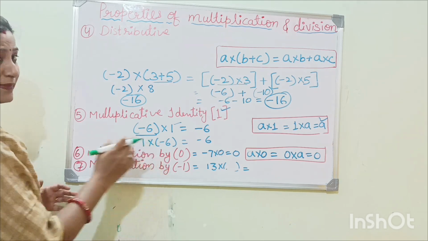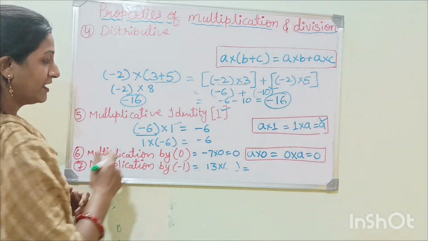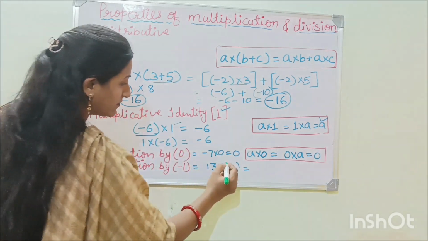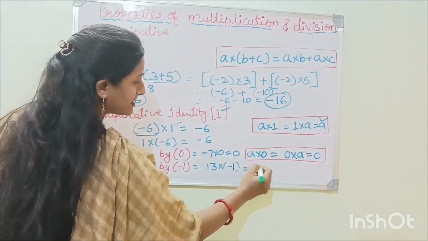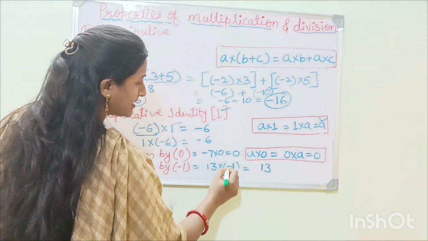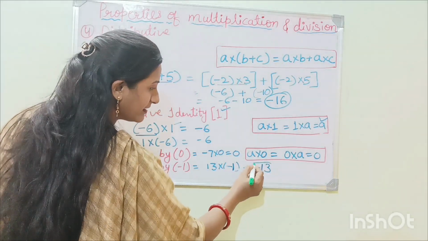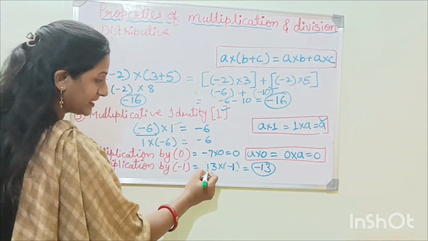Now multiplication by minus 1. What happens when we multiply any integer by minus 1? So we have 13 and 13 is multiplied by minus 1. So you are getting here 13 ones are 13 and plus into minus is what? Minus 13. So just check here, it is minus 13 and we had earlier plus 13.